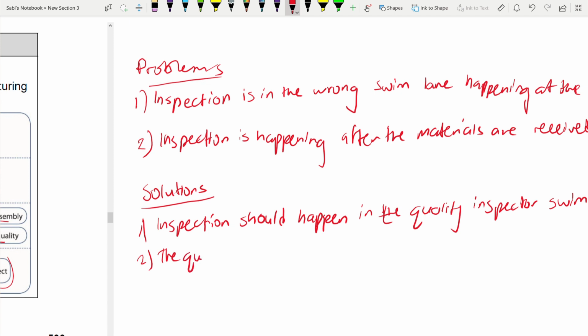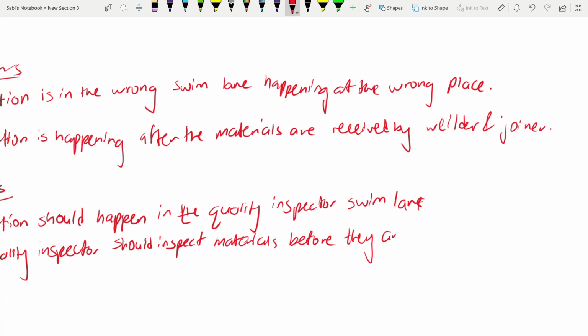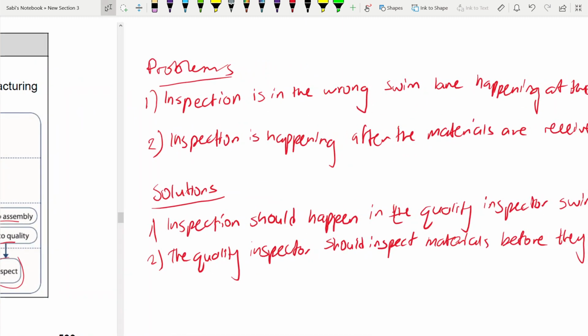So the quality inspector should inspect materials before they are issued to welder and joiner. Got it?